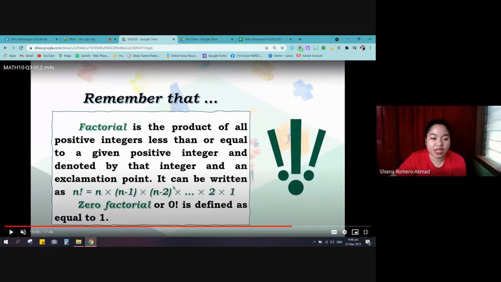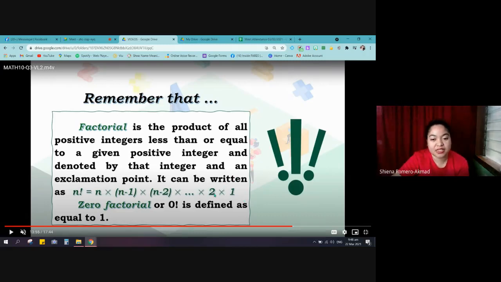We can also write it in this form, n factorial, where n stands for the number. Like for example, 12 factorial equals 12 times 12 minus 1 is 11 times 12 minus 2 is 10 times 12 minus 3, 12 minus 4, 12 minus 5, until we get to 1.